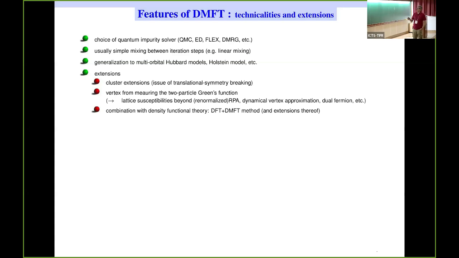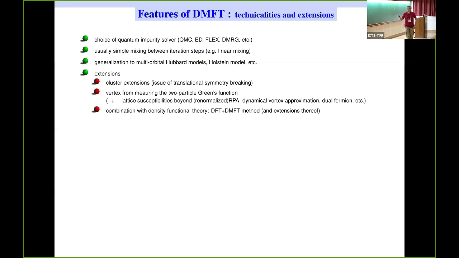You can also use this vertex in a full extended DMFT spirit, with a self-consistent scheme, which brings in k-dependence from this vertex, and you can expand the self-energy in k-space with the help of the vertex function.